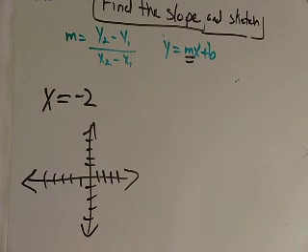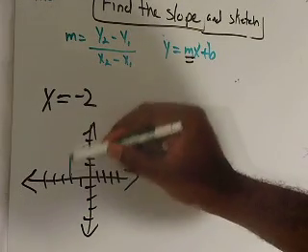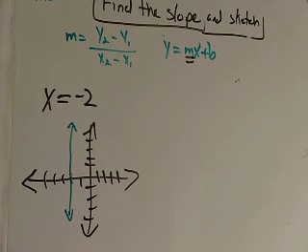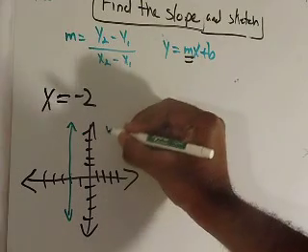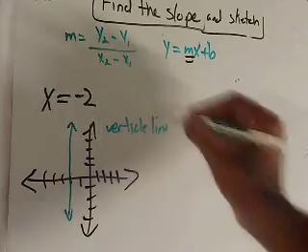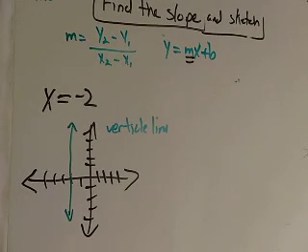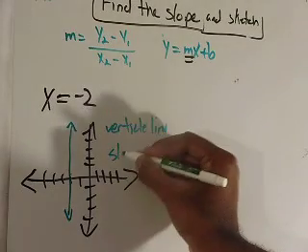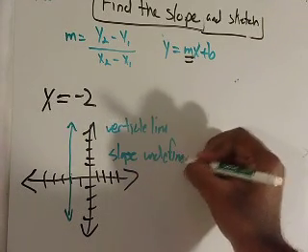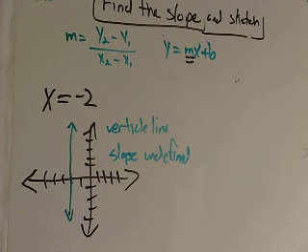And it's going to be a vertical line going through the point negative 2, 0. And so where is that? Right there. So anytime you have x equals, that's going to be a vertical line. And what's the slope going to be? The slope will be undefined.